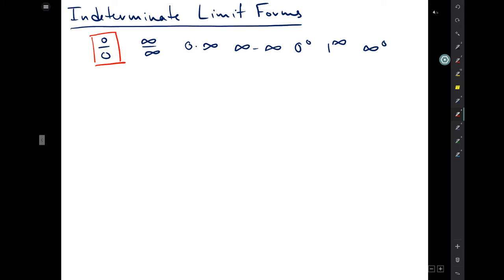The idea is we don't know what it's equal to, because 0 over 0 is just undefined. For each of these limit types, you have certain strategies for evaluating your limit that tend to resolve things.